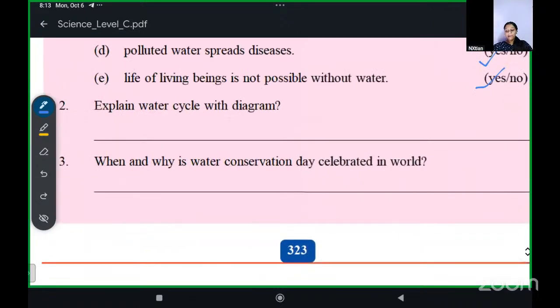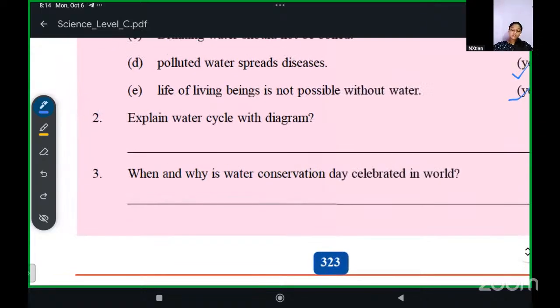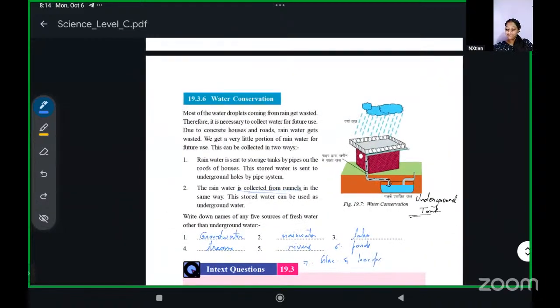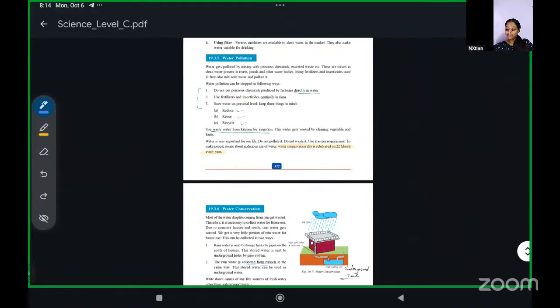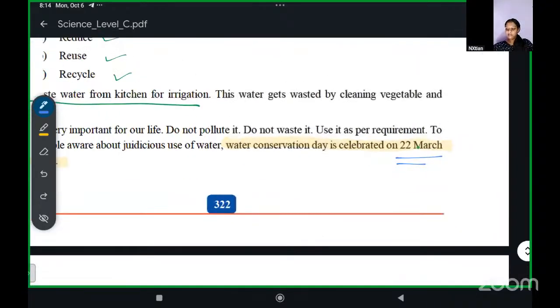Explain the water cycle with a diagram will be homework. When and why is Water Conservation Day celebrated in the world? To raise awareness about water. When is it celebrated? 22nd March.